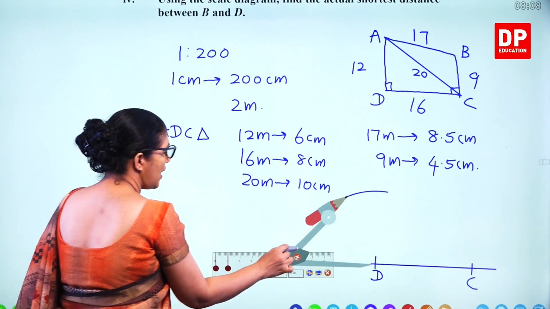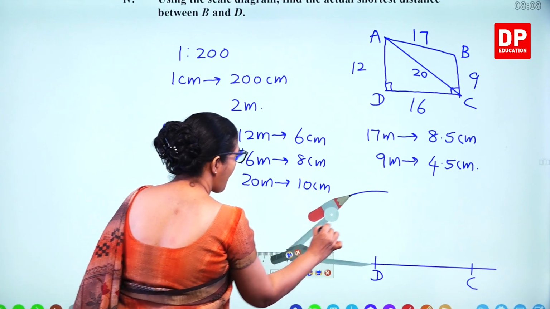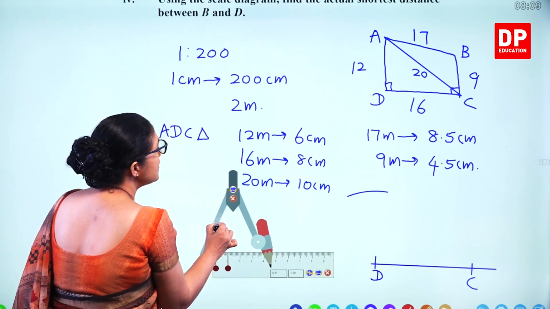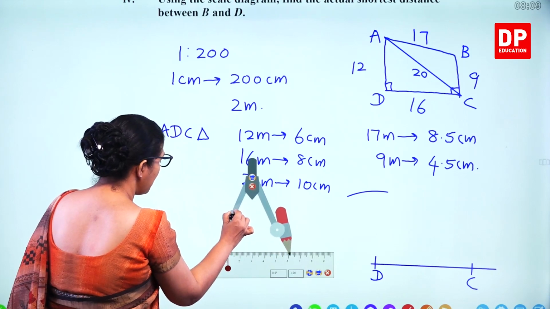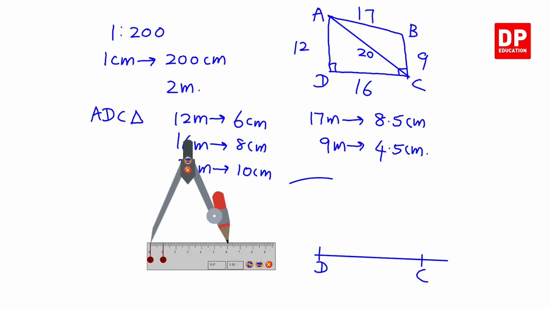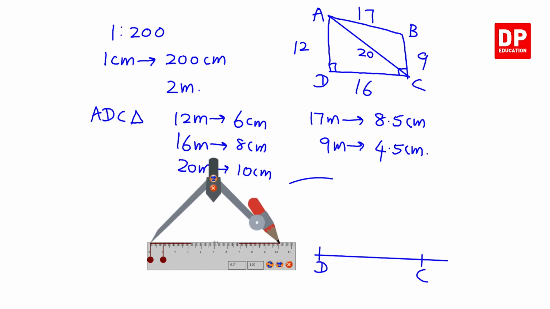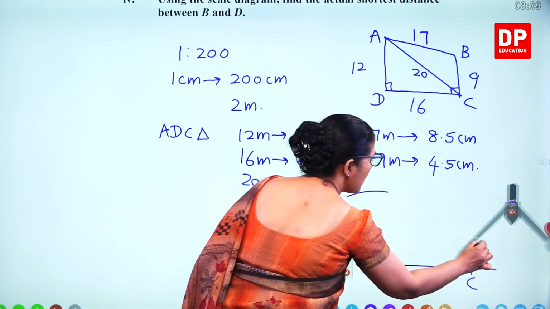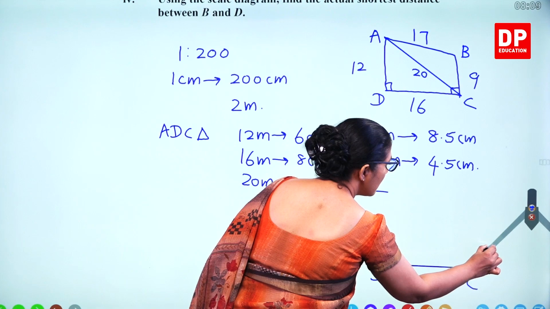We get 90 degrees. Then AC, 20 means we have to take 10 centimeters. So from here, that's 10.